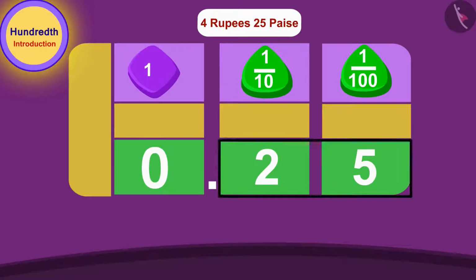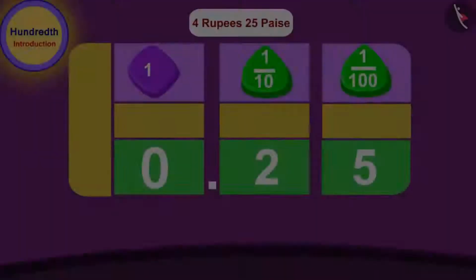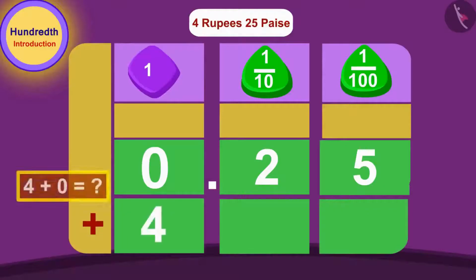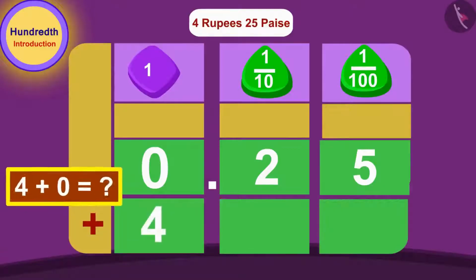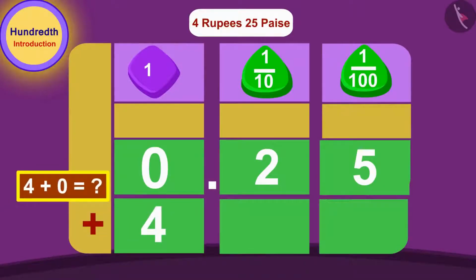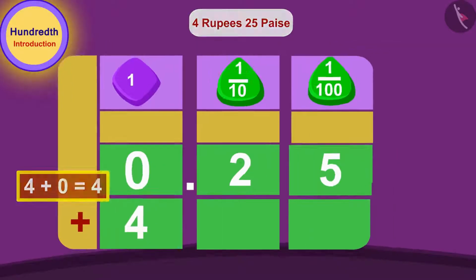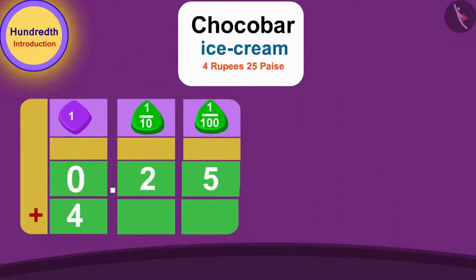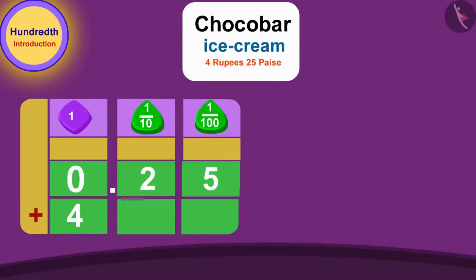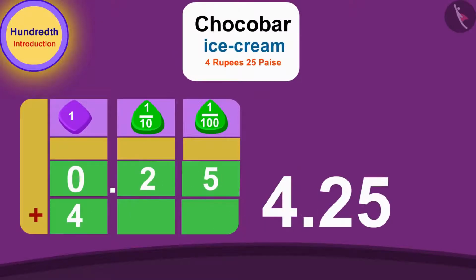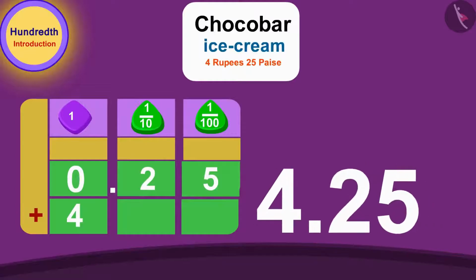Like the number written here becomes 0.25. Now, if we add 0 to 4, what do we get? 4. In this way, we can write the new price of Chocobar ice cream as 4.25 rupees using the decimal point.